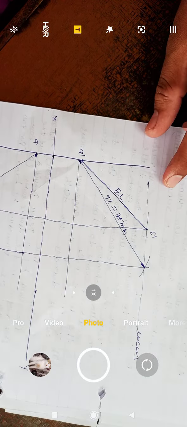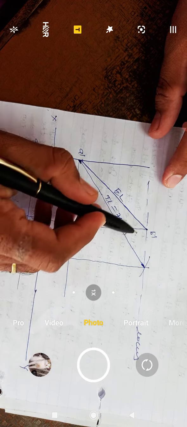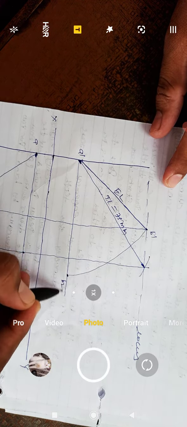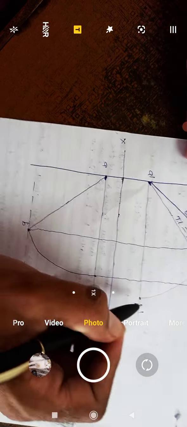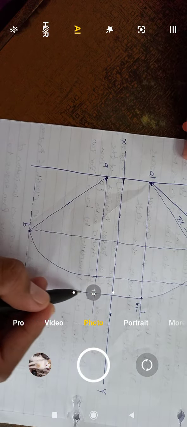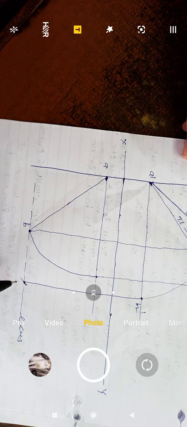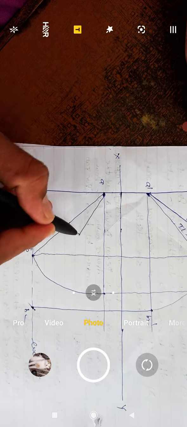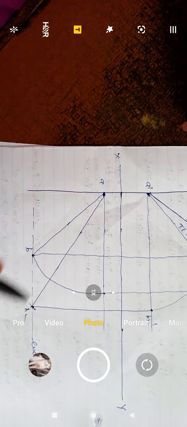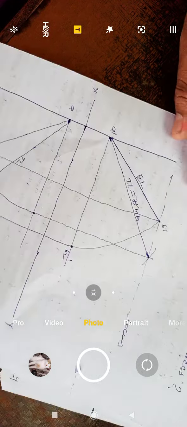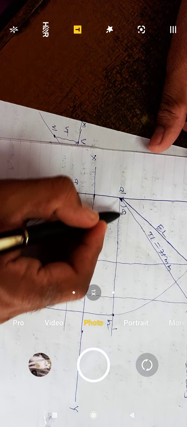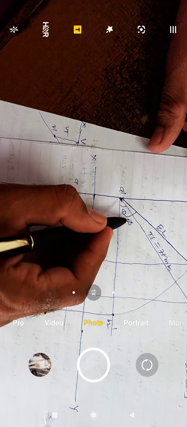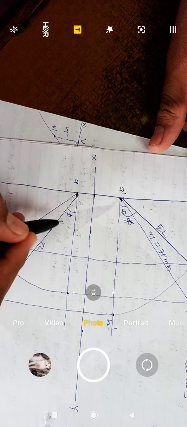Next take this distance into the compass and mark up to this. So this is B2 dash, and draw a vertical line which cuts this locus here. So this is B2, and join this. This is true length. So this is theta, this is phi, this is alpha, this is phi, this is beta.